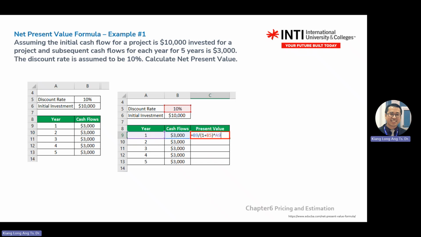You take FV divided by 1 plus K. K is what? K is 10%. Remember when you do calculation, this one is 0.1. Bracket, there is an exponential in your calculator. Press the exponential, multiply by the 1.